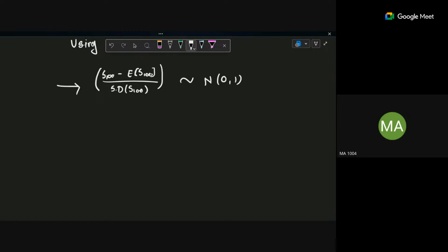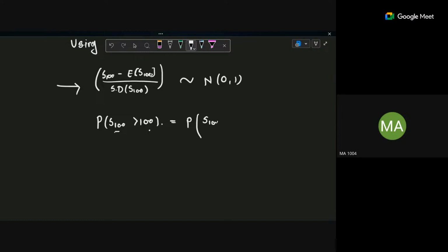So our target is to calculate this probability, right? Probability that S100 is greater than 100. How will we write it? I will just convert this S100 into this form. I will subtract expectation of S100 from both sides.